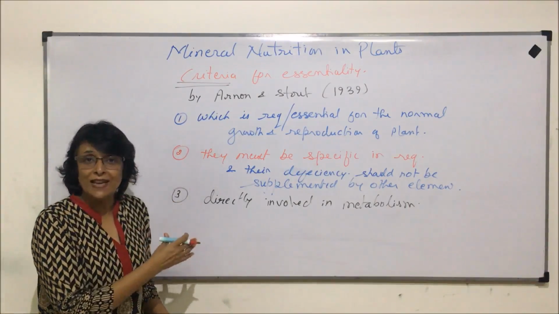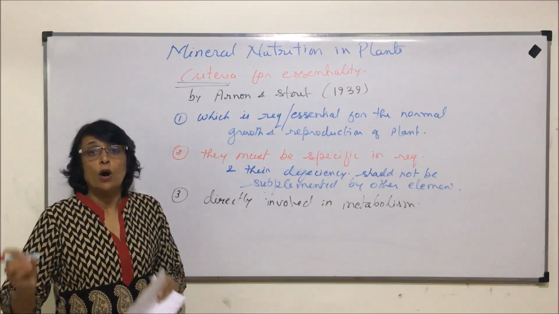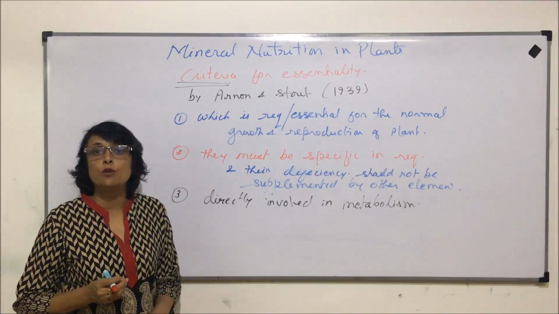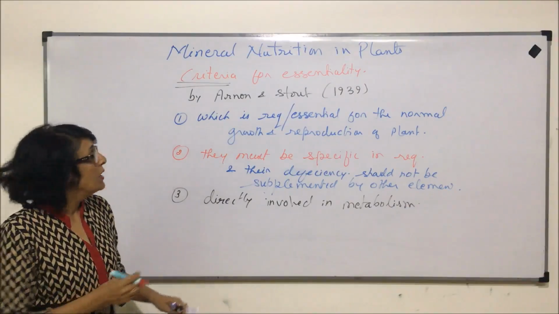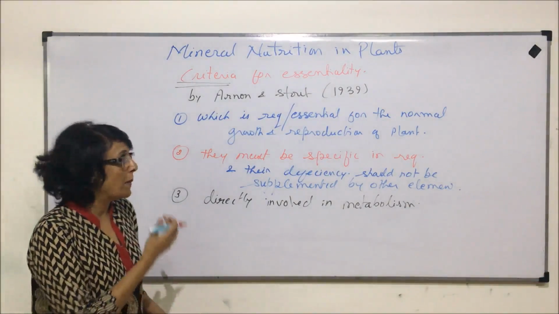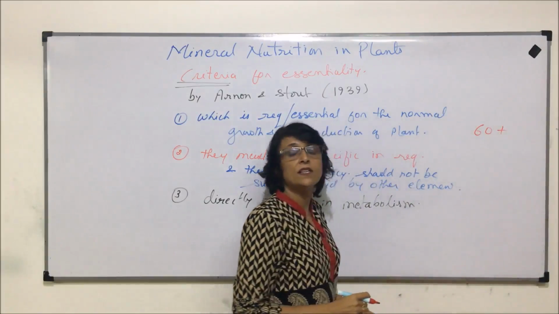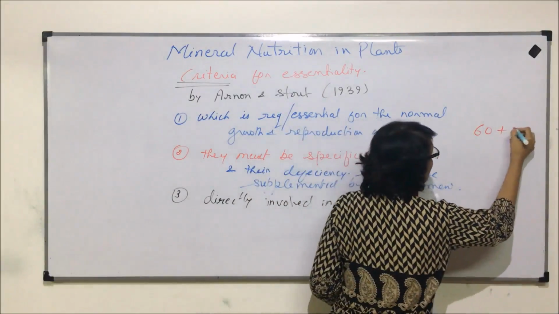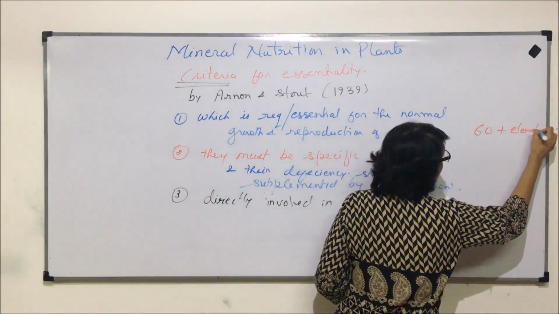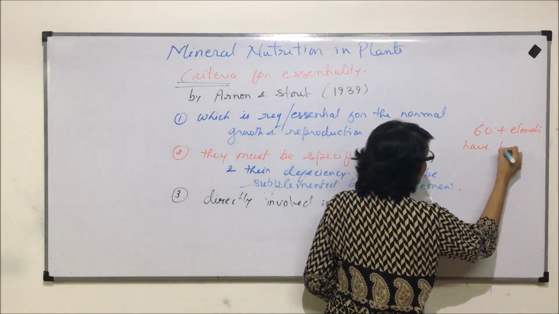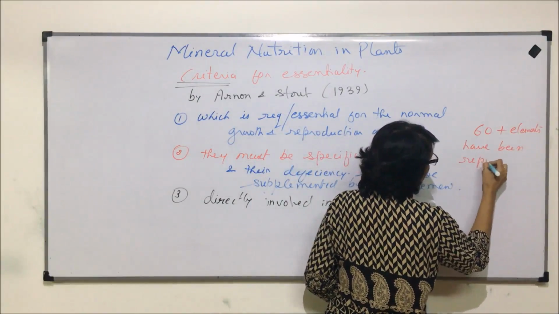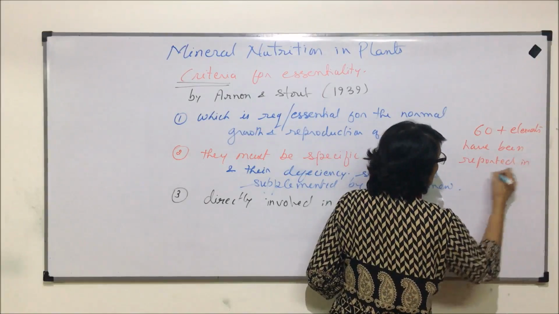Movement of mineral elements takes place through roots when plant absorb water. So now these 17 are essential, but 60 plus, that means more than 60 elements have been reported in plants.